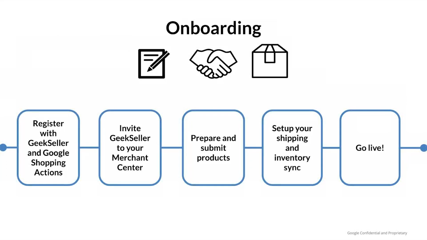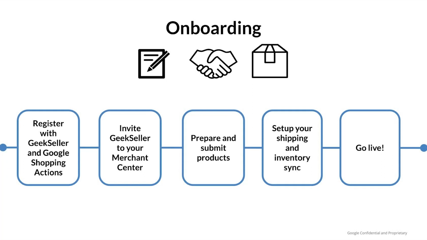So to get integrated with Google Shopping Actions and GeekSeller, the first step, of course, if you don't have a GeekSeller account, would be to register with GeekSeller. If you do already, then you just need to apply for Shopping Actions, just to make sure that you have both of those accounts set up. So you need the GeekSeller account and the Google Shopping Actions approval. The next thing that you'll need to do is invite GeekSeller to your Google Merchant Center.